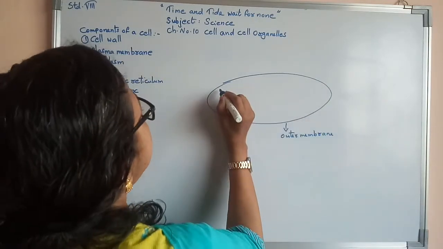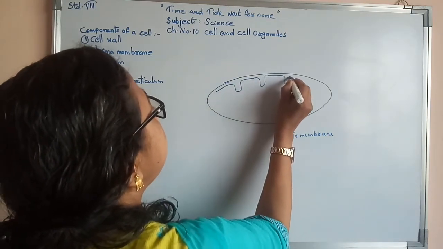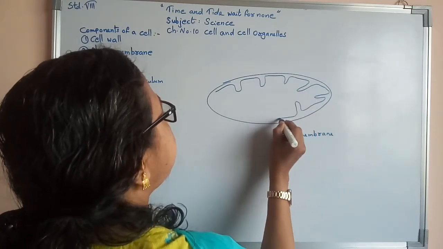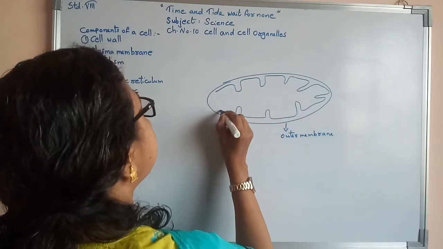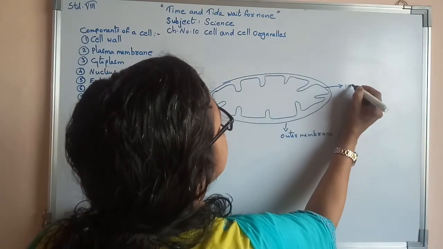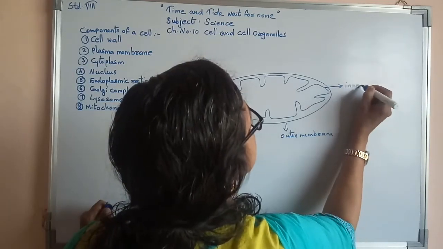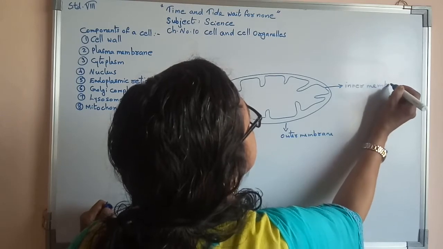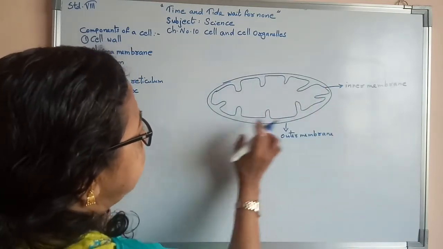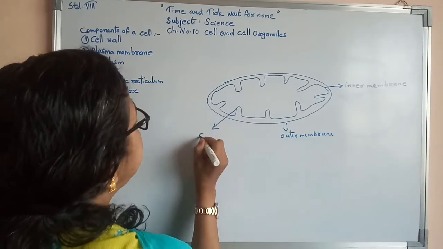Inside this outer membrane, you can find many folded inner membranes. This is known as the inner membrane. The inner membrane has many such folds. Each fold is known as cristae.